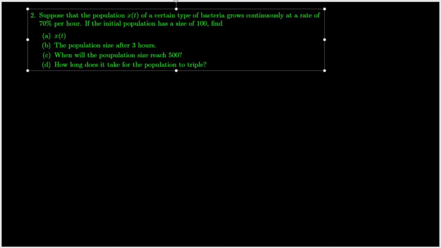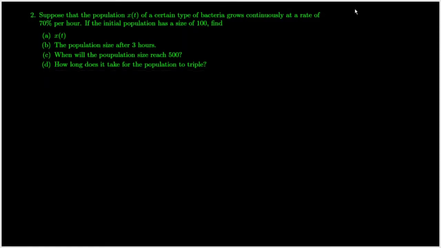In question A, we are trying to find the population size in terms of time t. By that we mean we are trying to get the population size at any time t. Okay, now the solution.